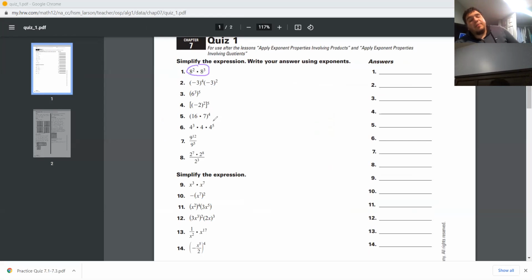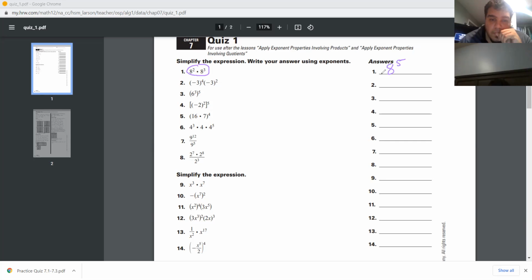8 to the second power times 8 to the third power. In that situation, the rule is they have to have the same base before you can do anything. Do they have the same base, Mike? Yeah. So then what do we do to the exponents? Add them. So this is 8 to what power? The 5th. 8 to the 5th.